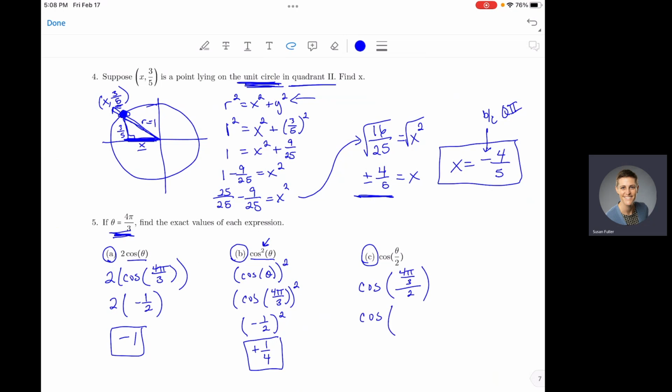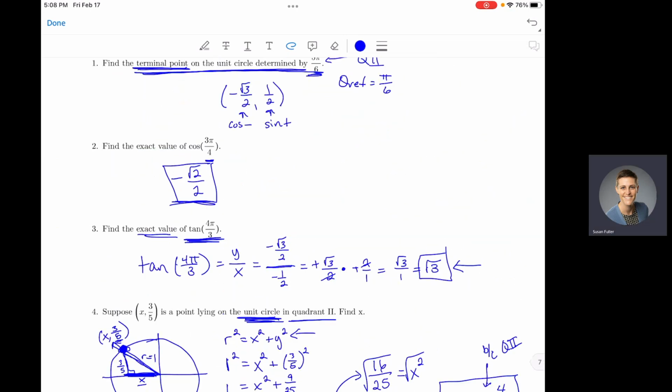We keep the top, 4 pi over 3, change this division to multiplication, and multiply by the reciprocal of the bottom. The bottom's 2 over 1, so the reciprocal of that is 1/2. This 2 will cancel with the 4, and inside we simplify to 2 pi over 3. So overall, this is asking me for the cosine of 2 pi over 3.